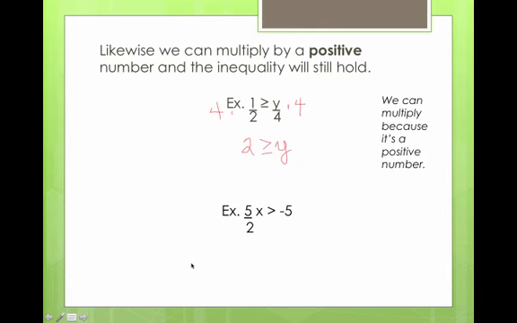Well, I'm going to multiply both sides by 2 over 5, and now this clears out and this becomes just 1x is greater than negative 10 over 5, or negative 2. Okay.